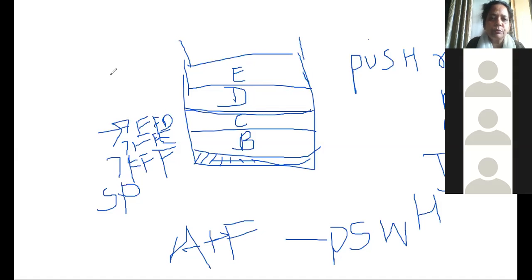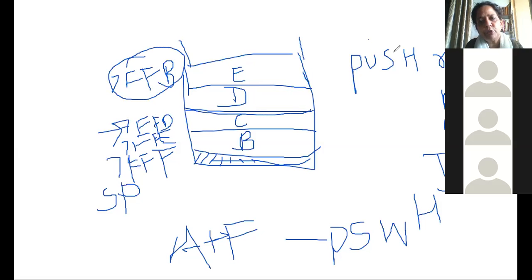Correct? Once I push D, then 7FFB will be my new stack pointer. So every time you say a push instruction, the stack pointer will be decremented by 2. Have you understood the push concept?